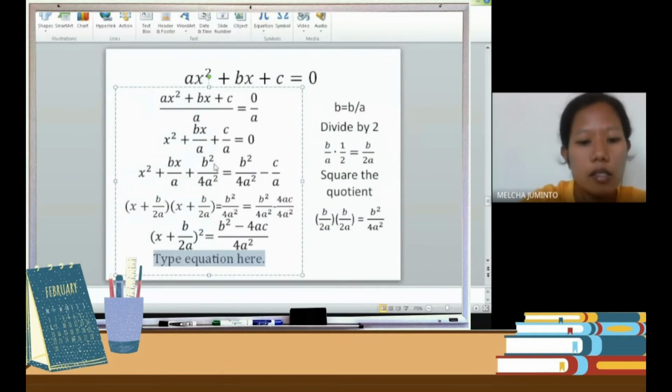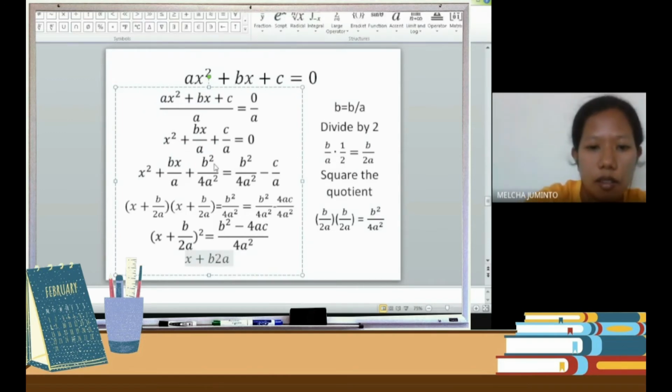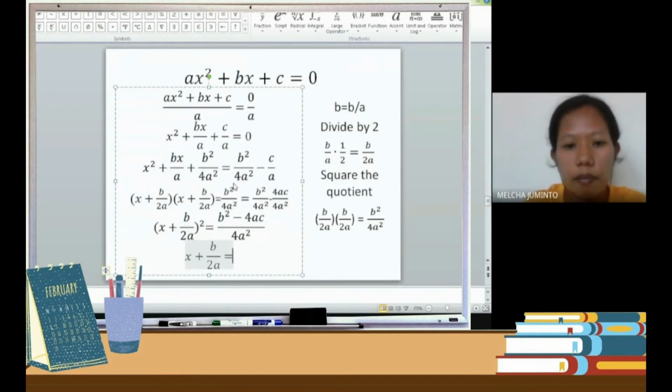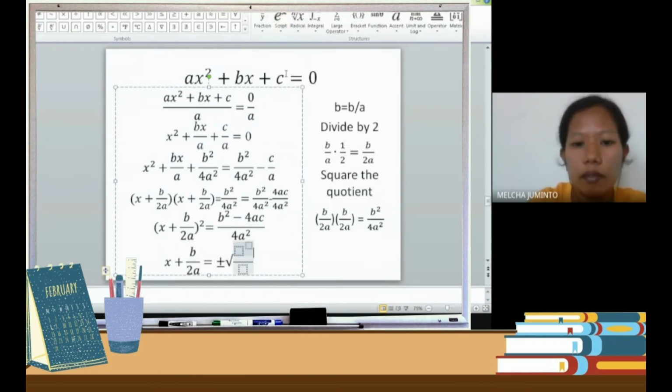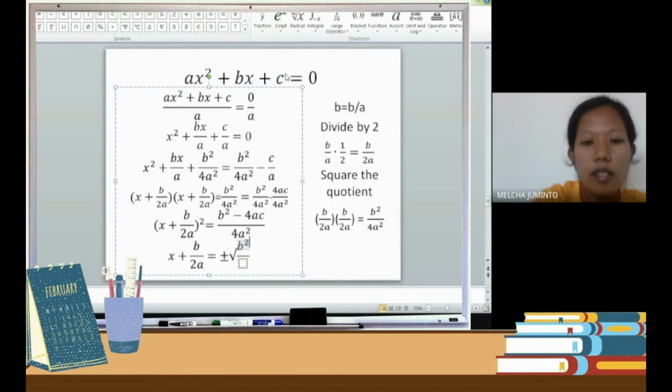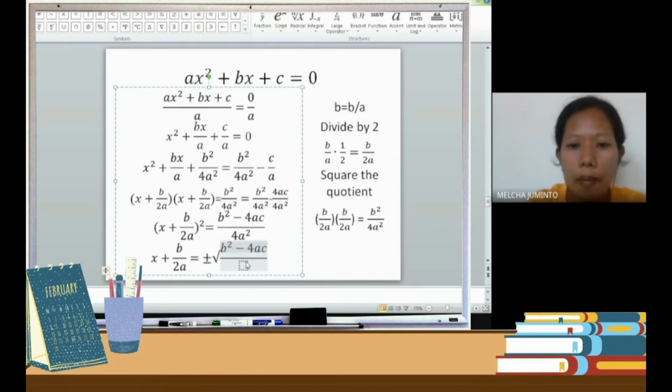Write x plus b over 2a equals b over 2a on the left side, while on the right side, we need to express it as positive and negative, the square root of the fraction b squared minus 4ac all over 4a squared.